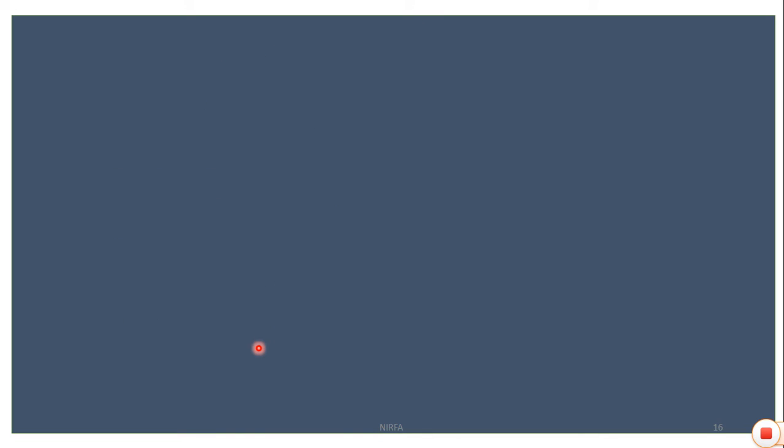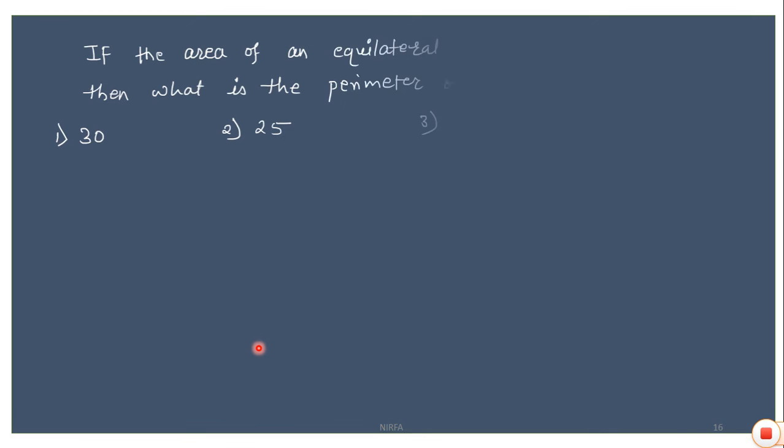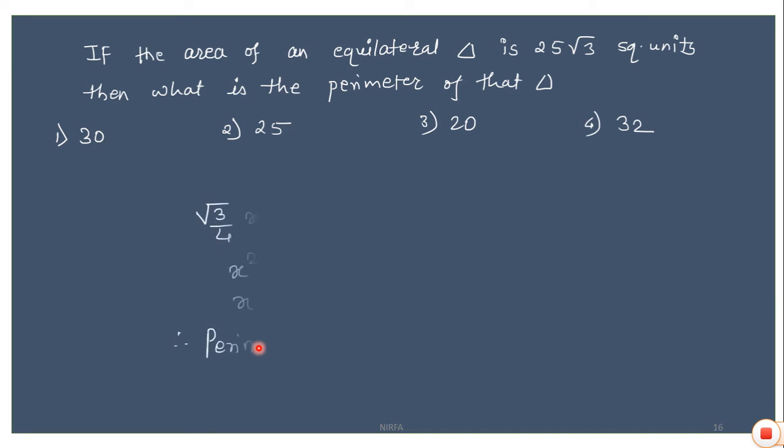If the same question is asked in a multiple choice question type, then we can use a short method. Here if x is a side, then you can directly write the area of the equilateral triangle, that you have to remember. The area of an equilateral triangle is root 3 upon 4 side square.